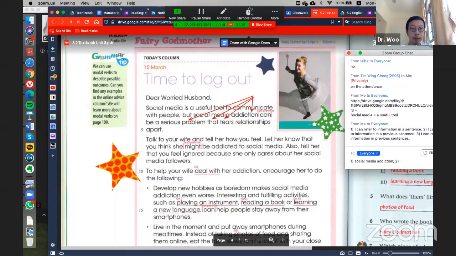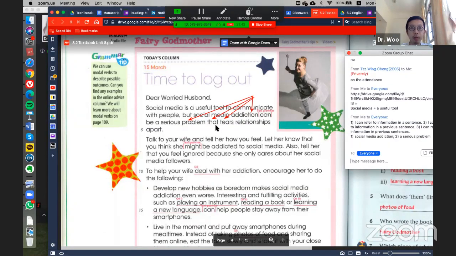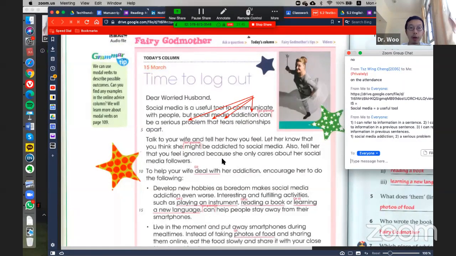And 2, a serious problem. I think both are acceptable. Ultimately, you have to see with your eye that that connects, tears relationships apart with something else in the sentence. Are there any questions thus far?